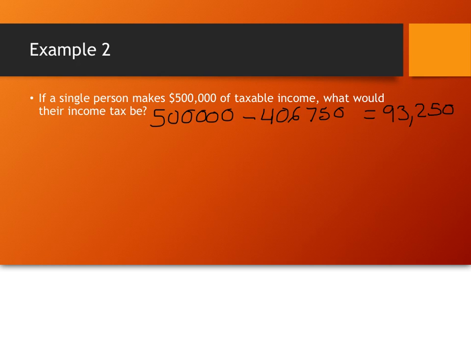So what this says is that you need to pay $118,118.75 plus 39.6%, 0.396 of the amount in excess, 93,250.